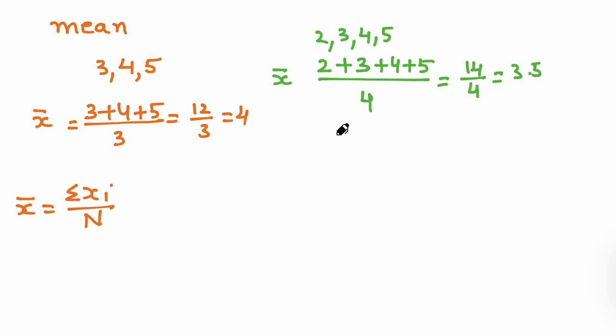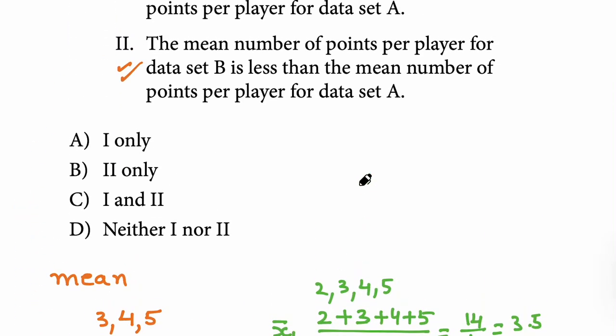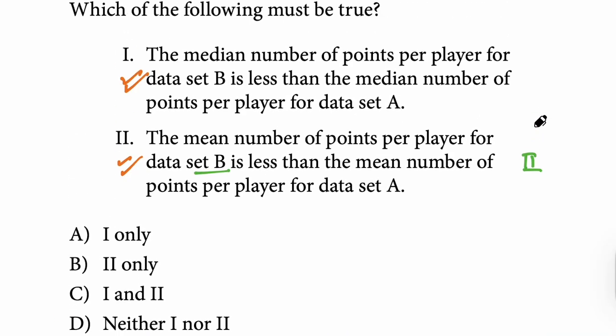So this new mean, let's say x1, is less than the initial mean. Now the second statement: the mean number of points per player for dataset A is less than for B. Yes, because the added number is smaller. So the second is true. Now let's check the first.